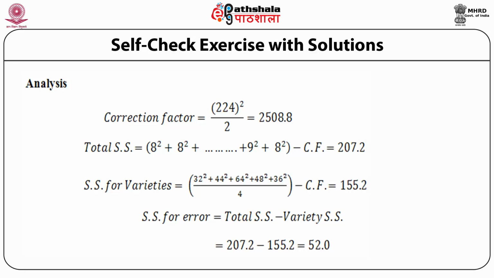Since the observed value of the variance ratio is highly significant at 0.1% level of significance, now we wish to know which variety is the best and also which varieties show a significant difference among themselves. This can be done with the help of critical difference and the confidence interval.